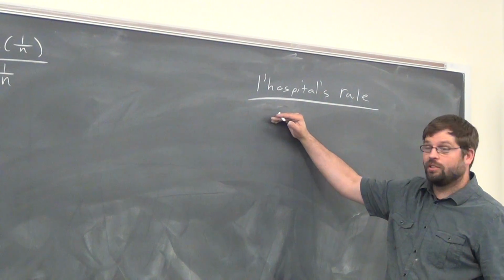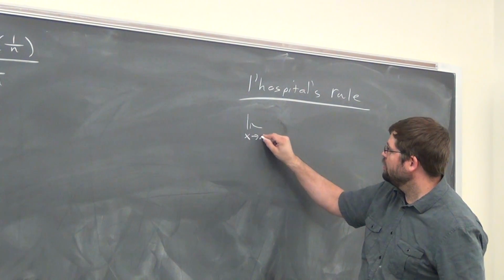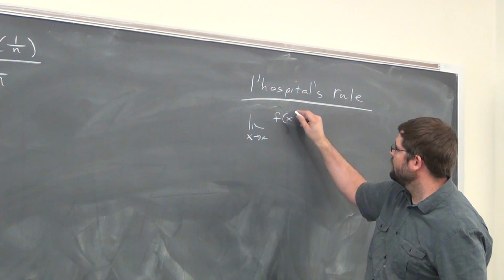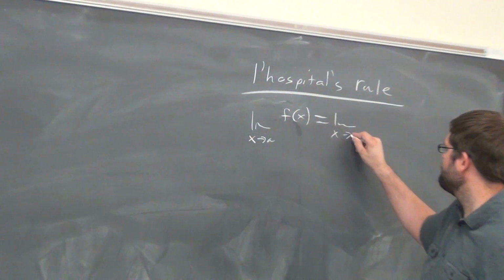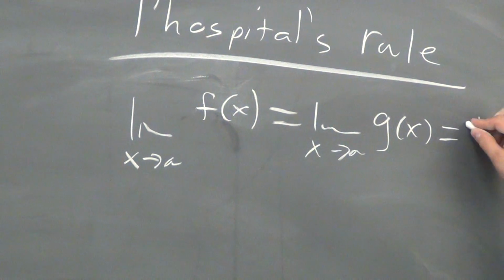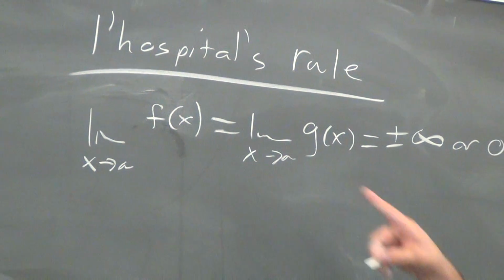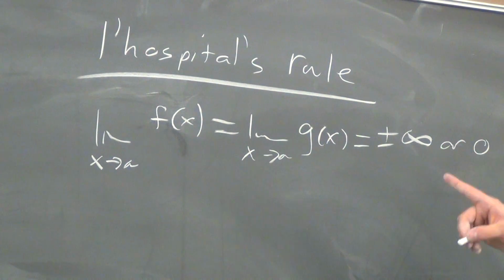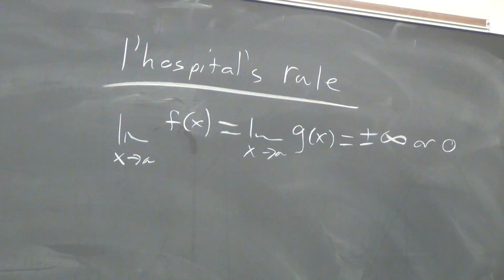But L'Hopital's rule says what? The limit, and this is just an abbreviated version of it. If the limits of f and g both go to infinity or both go to 0, and when I say infinity, I mean plus or minus.